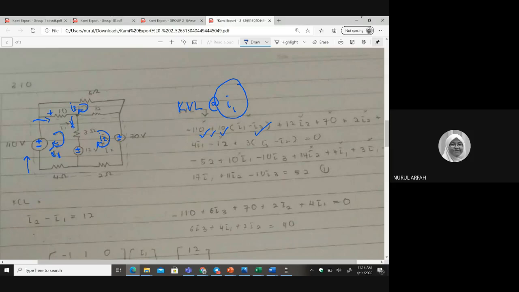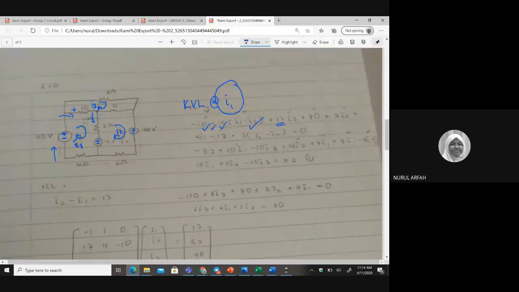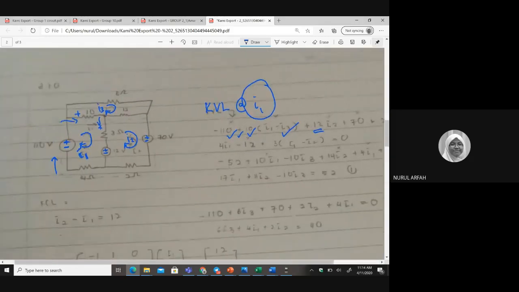Mana 3 ohms? Shafiq. Ni kenapa 12? It's supposed to be 3 ohms, tapi maybe Shafiq, you dah kembangkan ke ni? Oh, ni tak. It's not supposed to be 12 I2 here, no.